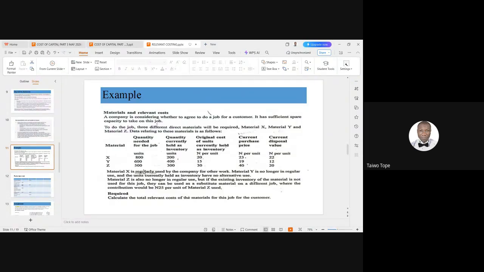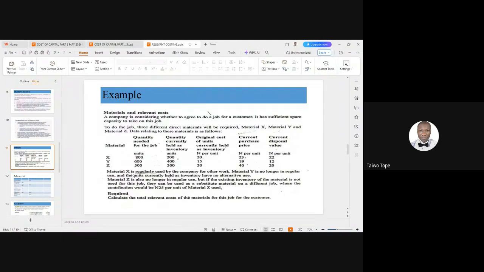Now, material X is regularly used by the company for other work.